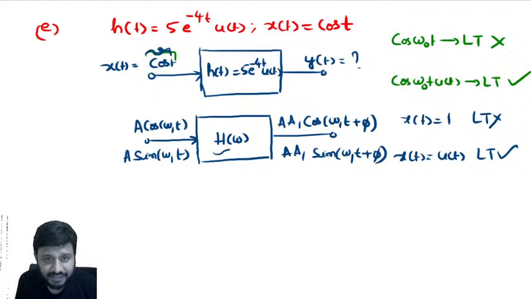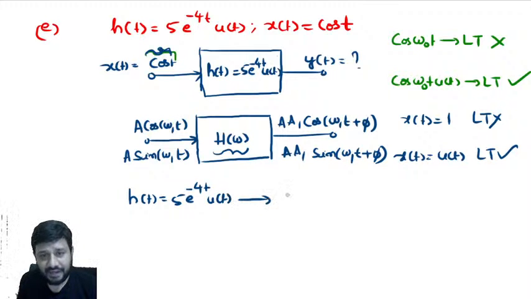But I need the frequency response. Impulse response is there with us. From the impulse response, if I calculate the Laplace transform, I get the transfer function 5 by s plus 4.